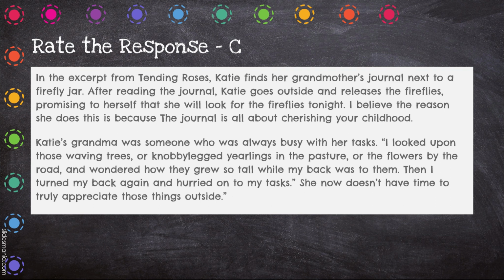Katie's grandma was someone who was always busy with her tasks. Quote, I looked upon those waving trees or knobby-legged yearlings in the pasture or the flowers by the road and wondered how they grew so tall while my back was to them. Then I turned my back again and hurried on to my tasks. End quote. She now doesn't have time to truly appreciate those things outside.